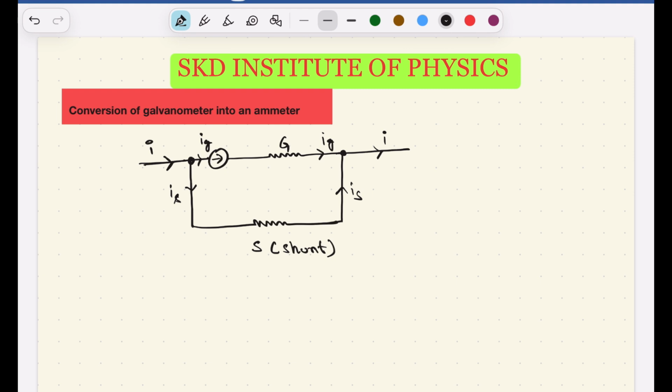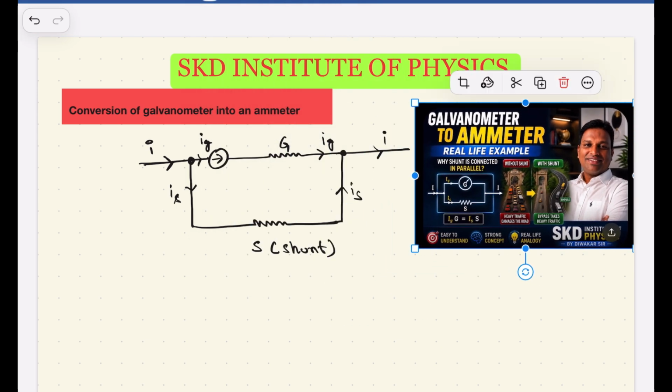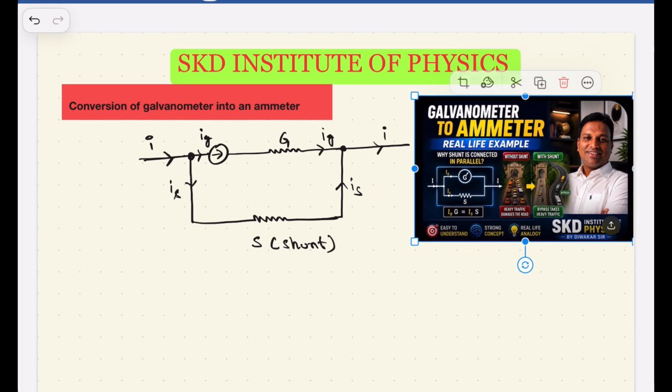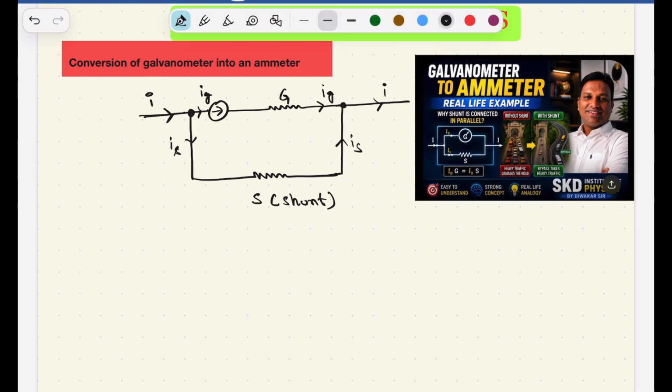Okay, so here now I am giving a very important analogy. You will never forget this one. See here, in my thumbnail you can understand that one. With a traffic example I am giving this concept in a very clear manner. If you observe carefully, without shunt, in my thumbnail you can observe without shunt, the whole traffic will be moving in the town.